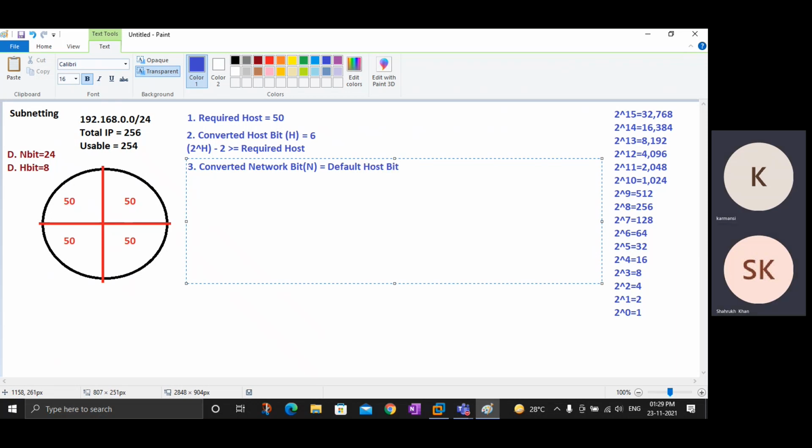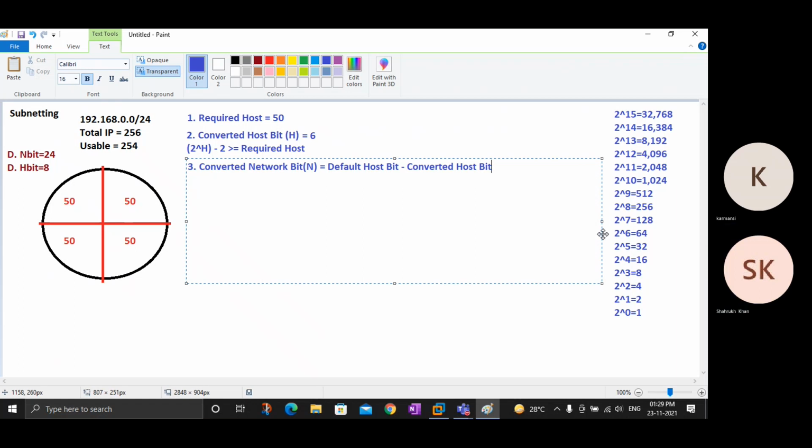Host bit of whichever class you are doing the subnetting of minus converted host bit. So what we get, default host bits are 8 minus converted host bits are 6. So the value of n will be 2.